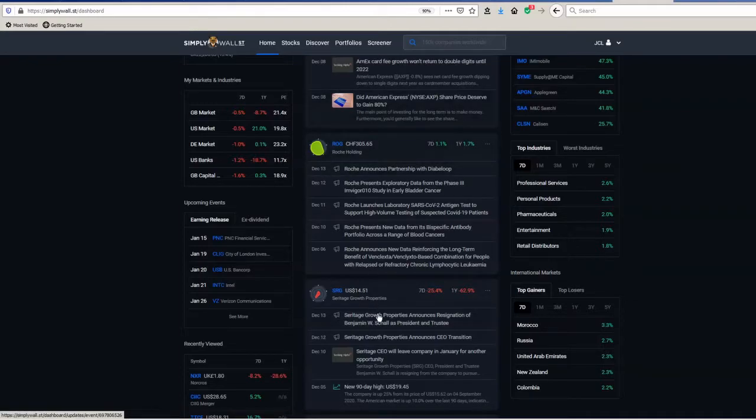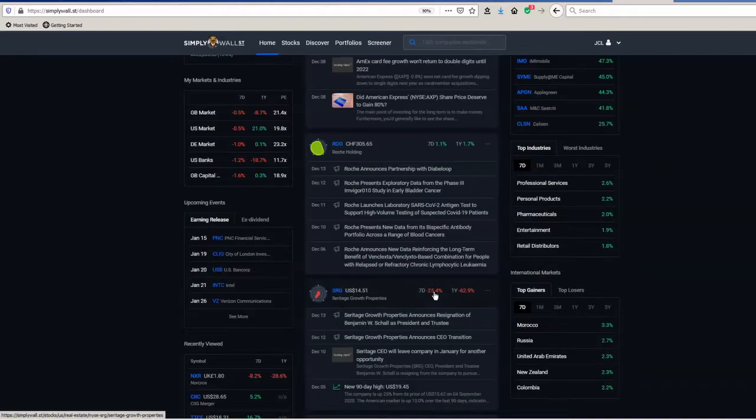If you scroll down, it gives you chronological order of what's happening when news and things happen to your stocks. So you can see here is Seritage, December 13th. They've had a resignation there, and they also announced a CEO transition, and they hit a 90-day high on December the 5th, so it's pulled back quite a bit since then.